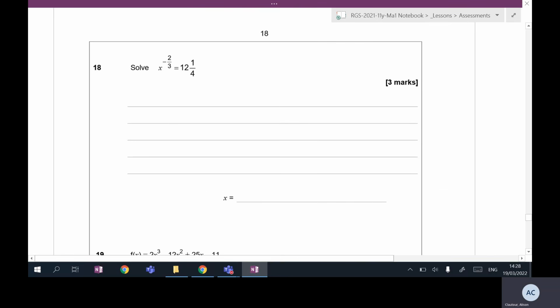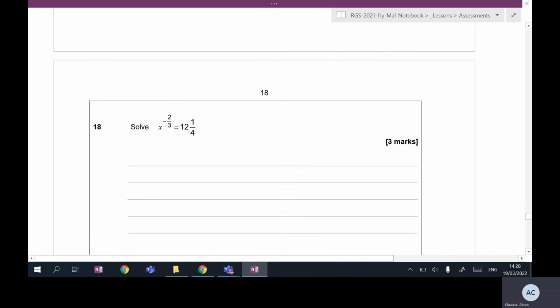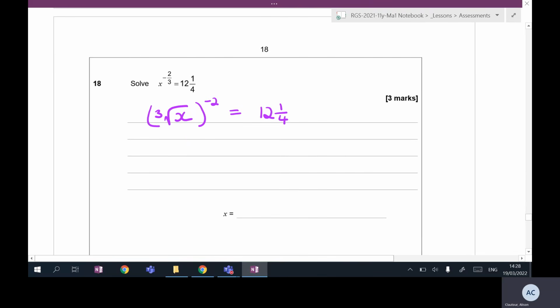Number 18. You just got to think about what you know about powers. So to the power of negative 2/3, the third is a cube root. So the cube root of x, and we're doing it to the power of minus 2. So we might want to do the reciprocal and then the cube root of x squared.